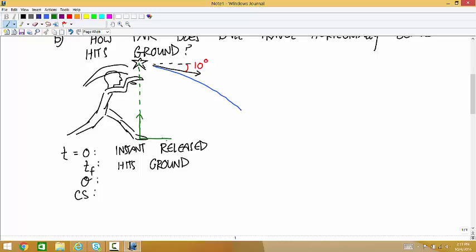And I'll do the coordinate system like this. So the origin is on the ground, beneath the ball's location at time equals 0.